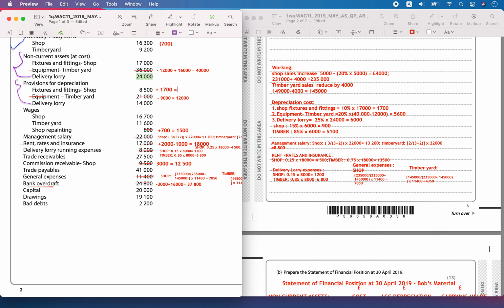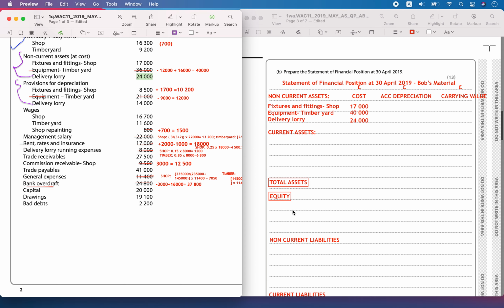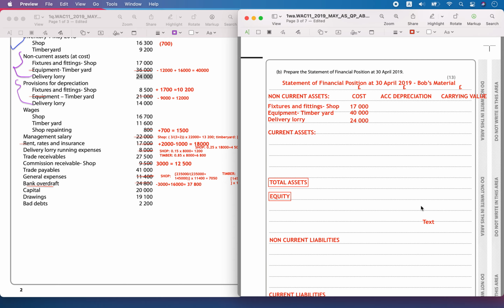So 8,500 plus 1,700 is equal to 10,200 pounds. Let's write it here.